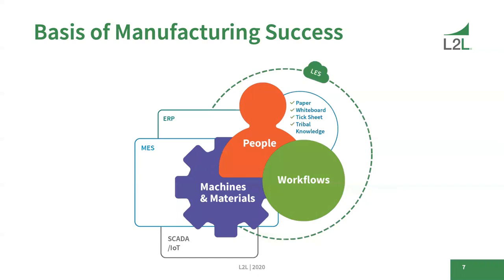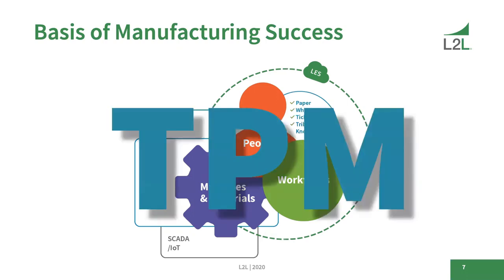And what's really interesting is that TPM really does the same thing. It looks at the people, the machines, and the workflows, the way that you actually do the work out on the shop floor when it comes to maintenance.